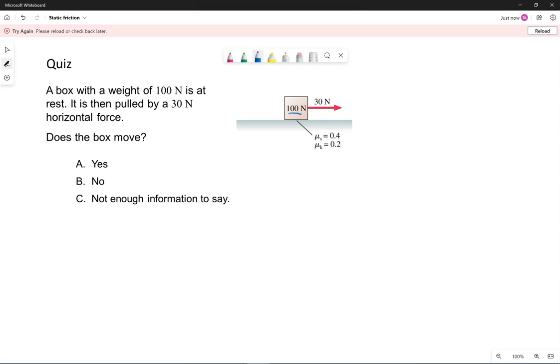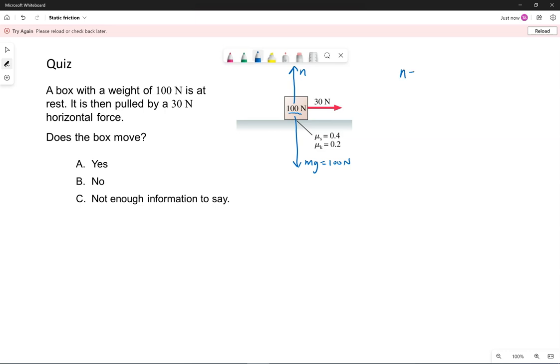So this box having a weight of 100 newtons, that means the pull of gravity is 100 newtons. It's sitting on a surface, so there's a normal force. The pull is only horizontally.